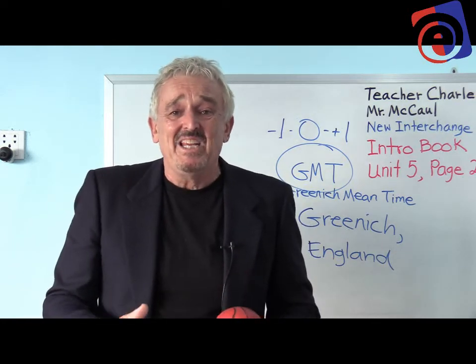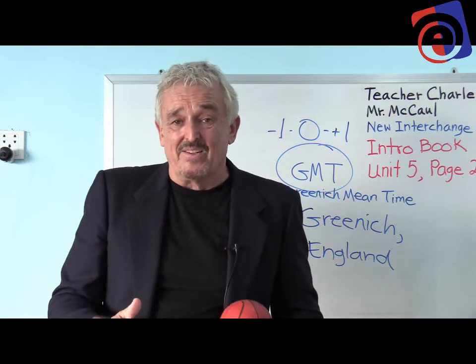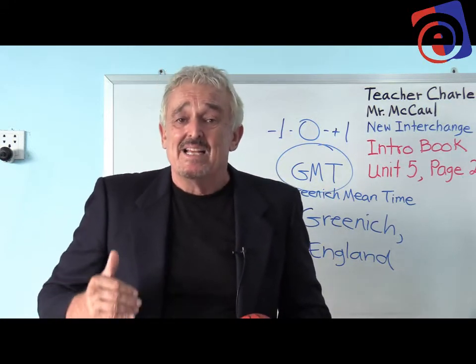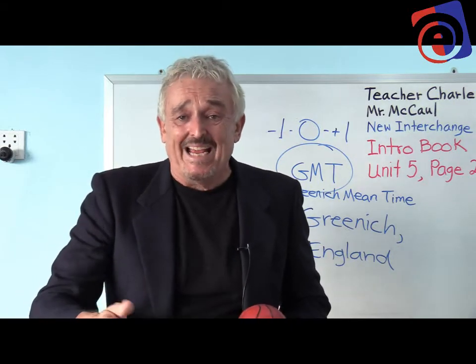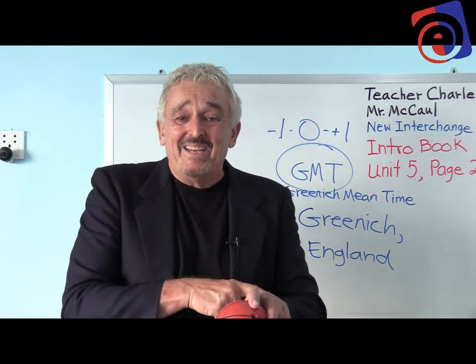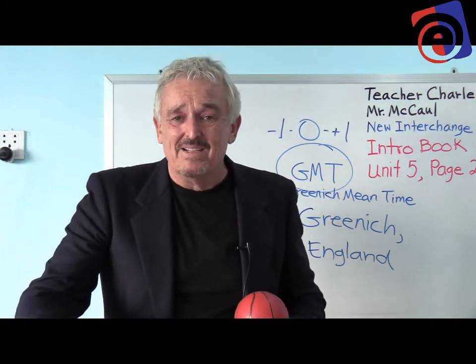Sometimes I leave at 5 p.m. on Monday, for example. I leave Cambodia at 5 p.m. on Monday, and I arrive in San Francisco at 4 p.m. on Monday. That's crazy. I leave at 5 p.m. on Monday, but I arrive at 4 p.m.